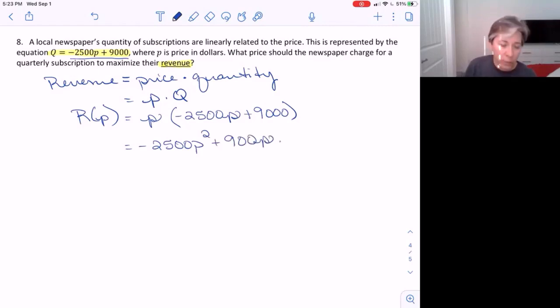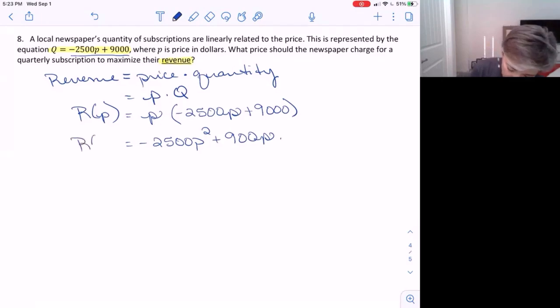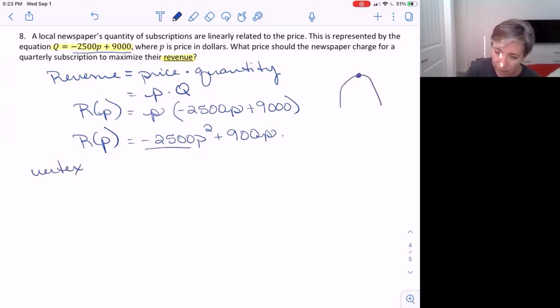And again, we're wanting to maximize this revenue, so we need to find the vertex. Our leading coefficient is negative, so it does in fact open down and have a maximum value. To find the vertex, the input value, again, is still negative B over 2A.